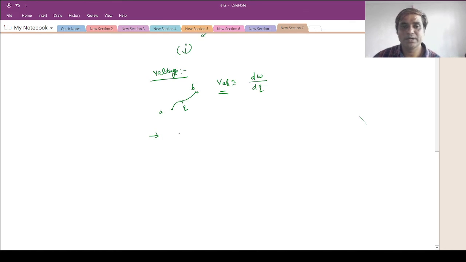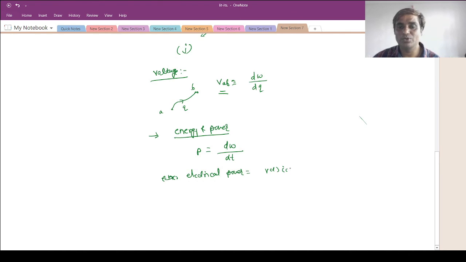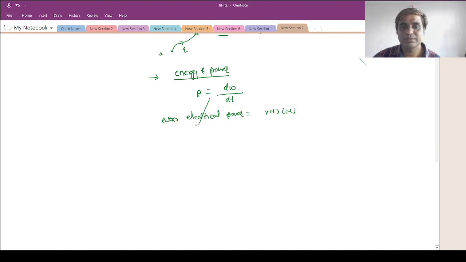Now let me define energy and power. As we know, power in general is defined as the amount of work done per unit time, that is, the rate of doing work. Now let me define what is electrical power. Electrical power can be defined as the product of v of t into i of t, or v into i, and we can establish this relation.